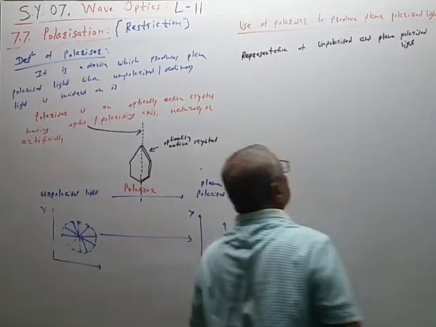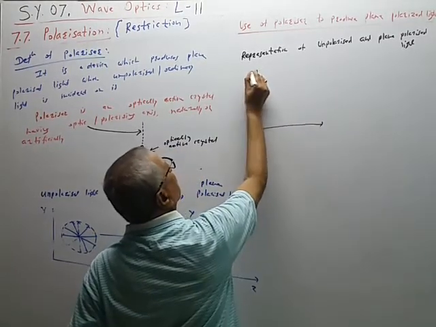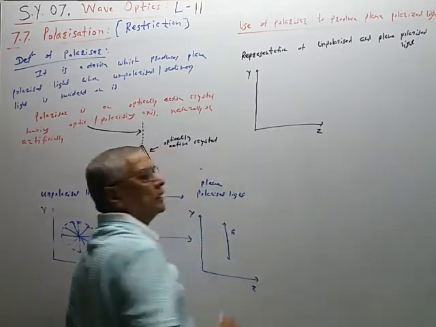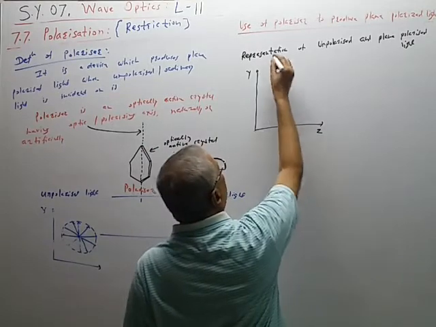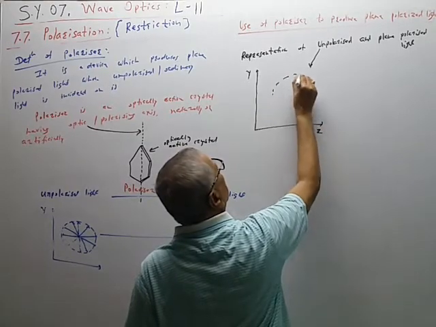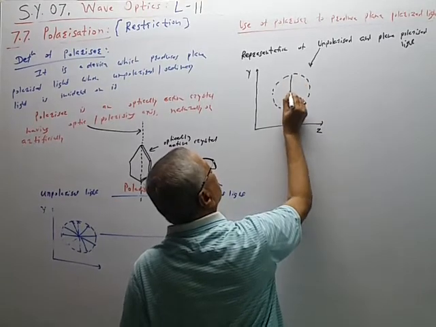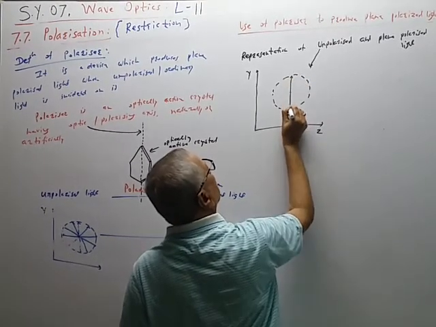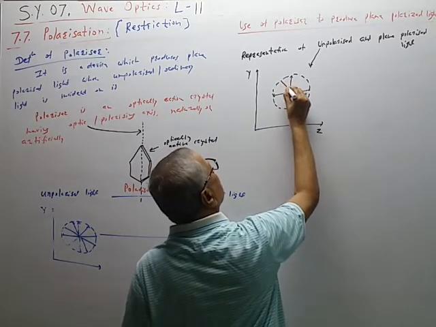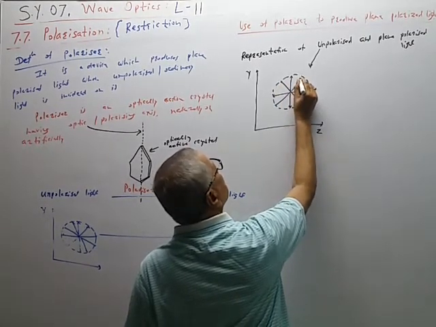Suppose these are the y and z axes, so this is the y-z plane. The electric field vibration exists in this plane. First we are going to consider unpolarized light. So draw a circle. This is one electric field vector. This is another field vector. This is a third electric field vector. This is a fourth. They are symmetrically distributed like this.